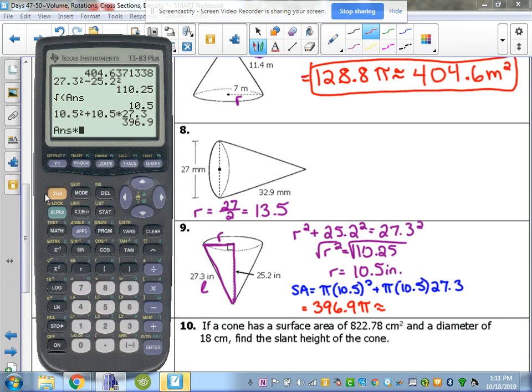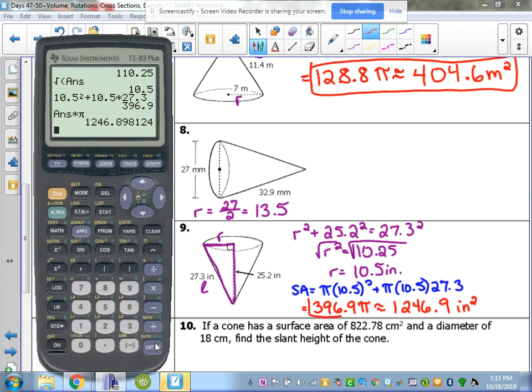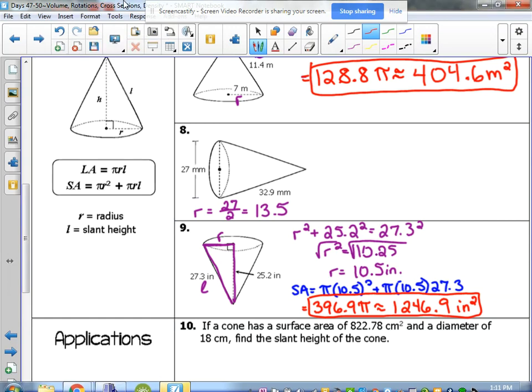Multiply out the pi. 1,246.9 square inches in terms of pi and approximate.